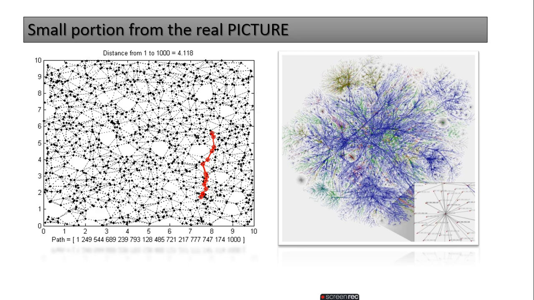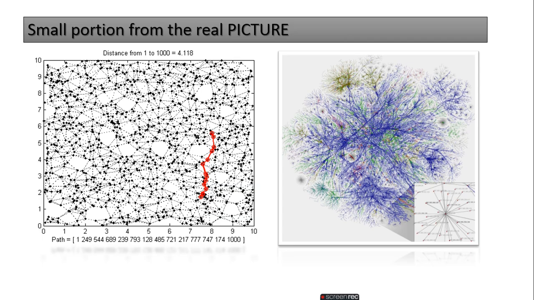I want you to focus on this particular image. On the left side, you can see there are these black dots. Now these black dots are routers, and the dotted lines in between these dots indicate links. So this is a snapshot of a city. You can see there are thousands of routers connected with each other, and if you want to send a message from one end to another end, there are so many paths available.